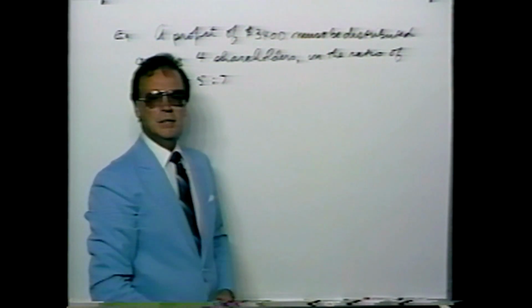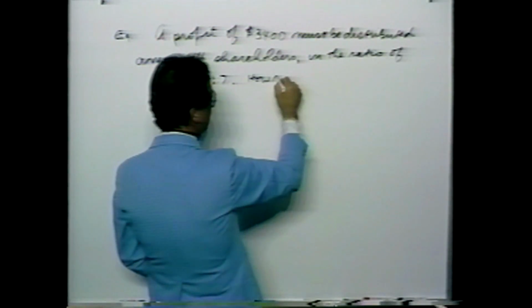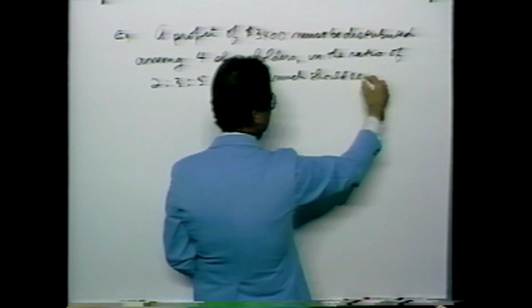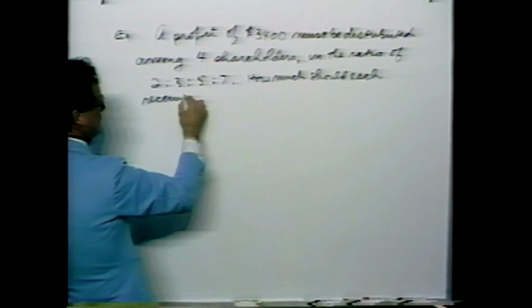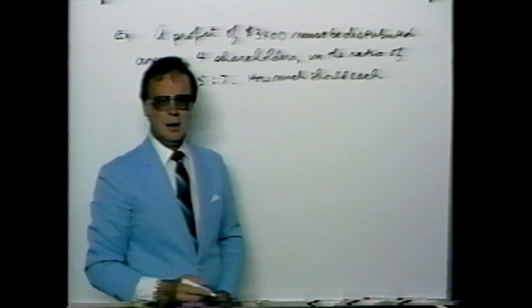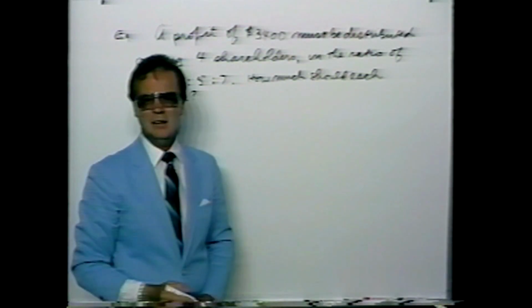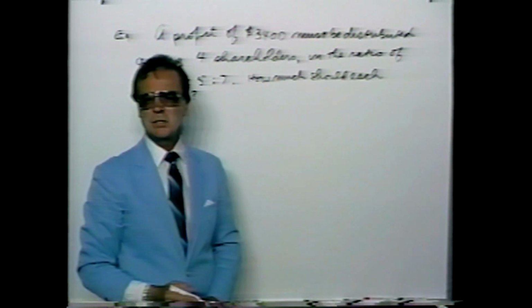How much should each receive? There are 2 plus 3 plus 5 plus 7 for a total of 17 parts in all.